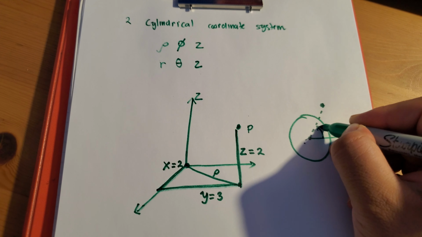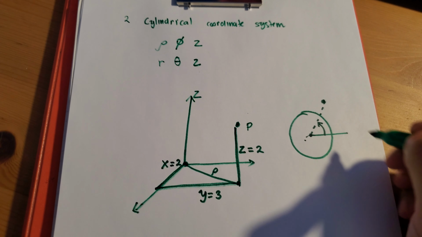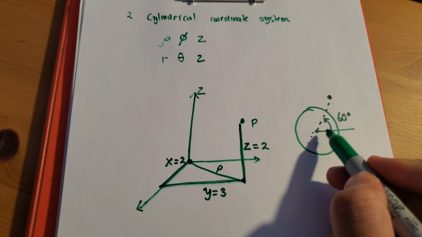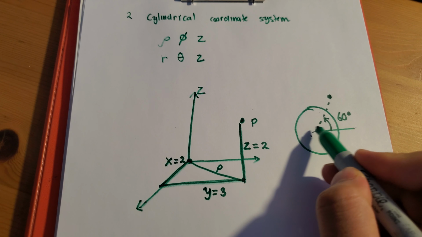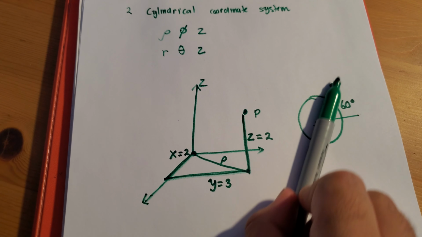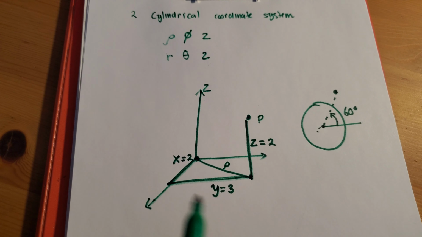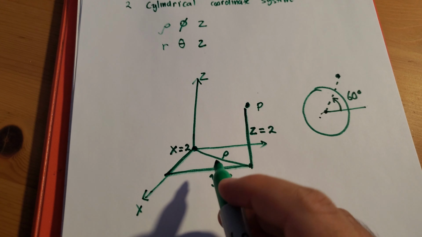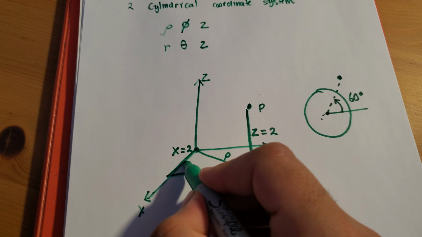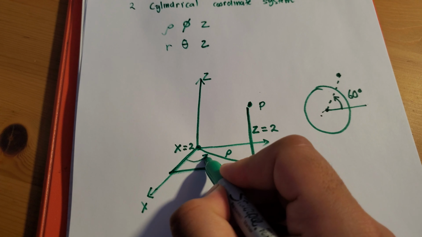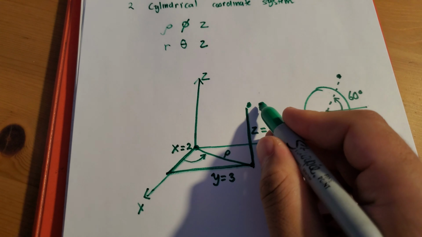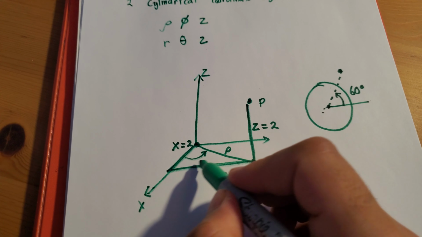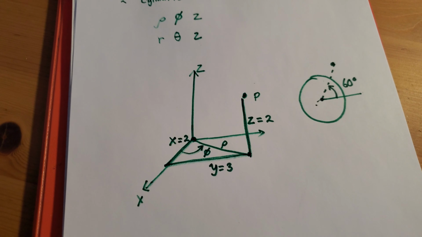I would have to go that many degrees, which let's say is 60 degrees, from this point to be able to face the point in which I'm interested. It's the same thing in this case. So if this is my positive x-axis, from here to be able to face directly towards the point P, I have to move a certain angle, and that angle is called phi.